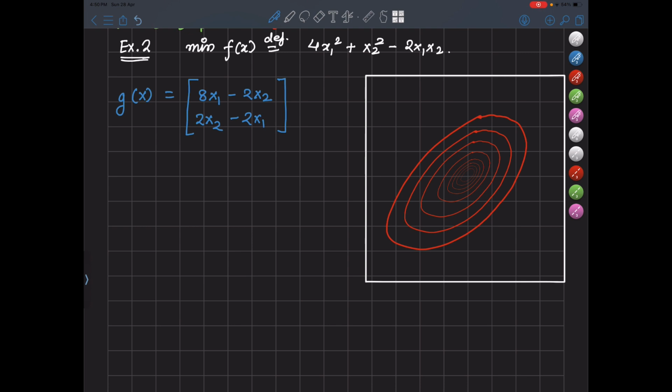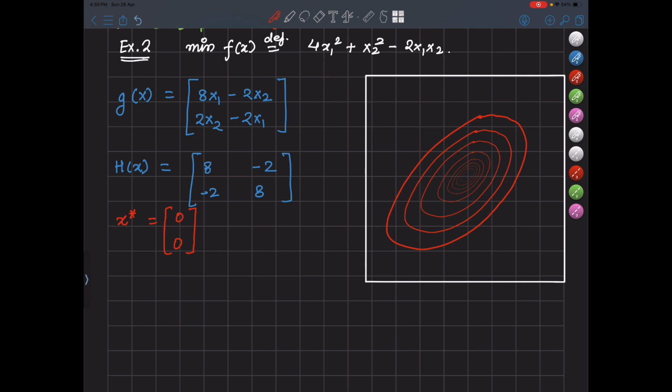Alright, what is the Hessian? Again, this is a quadratic function, so it will be a constant matrix, and it will be [8, minus 2; minus 2, 8]. And it turns out the optimal value happens at the origin (0, 0).